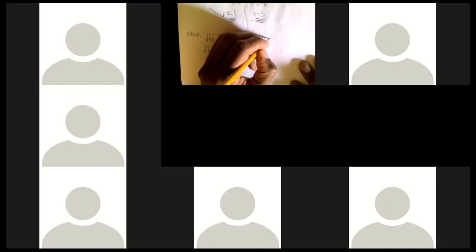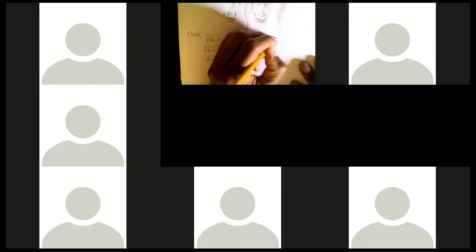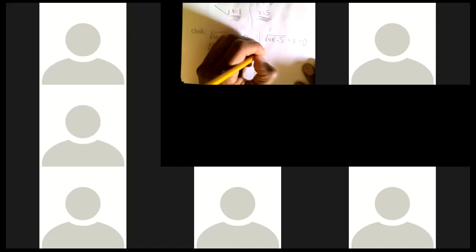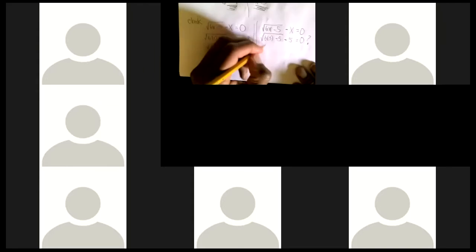So we have 2 answers, so we need 2 checks to make sure that both actually work. This time we're going to put in 5. 6 times 5 minus the 5 that was already there. We're going to use 5 in the place of this x. Does that equal 0?